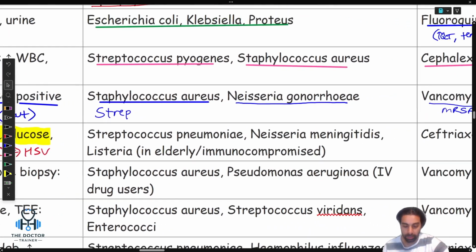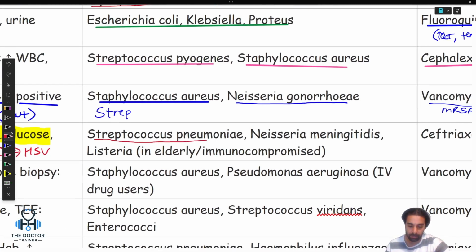Depending on the clinical context, most of it, especially for adults, is going to be Streptococcus pneumoniae. If you're talking about a college student, Neisseria meningitidis, and if somebody had soft cheese or some dairy, especially in elderly patients, think of Listeria.